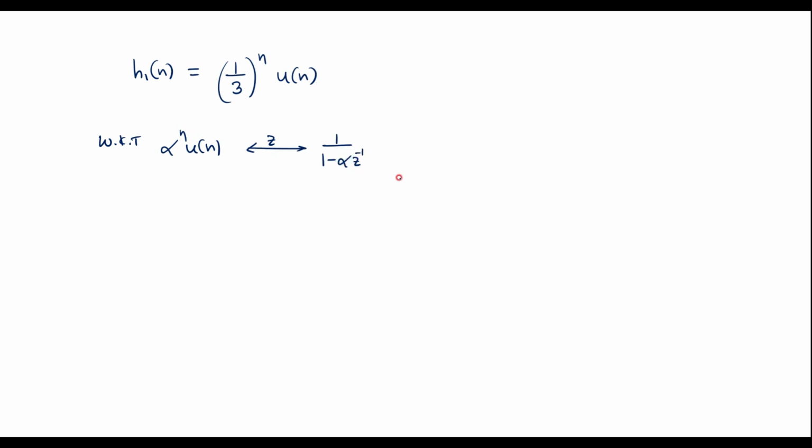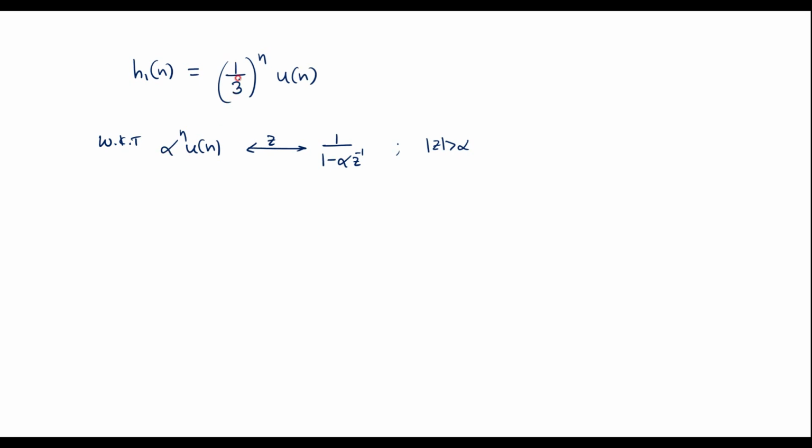First, let me calculate the z transform of h1 of n. h1 of n is equal to (1/3) power n u of n. We know that the z transform of alpha power n u of n is given by 1 upon 1 minus alpha z inverse, where ROC is z greater than alpha.